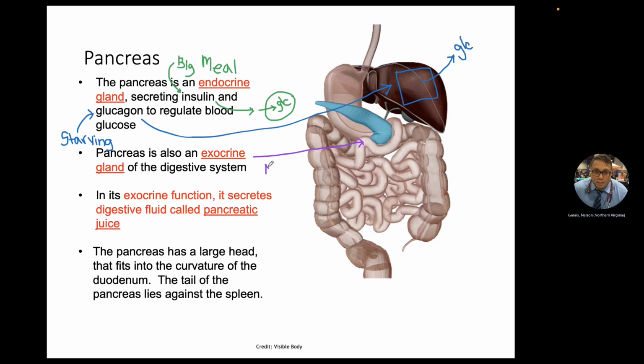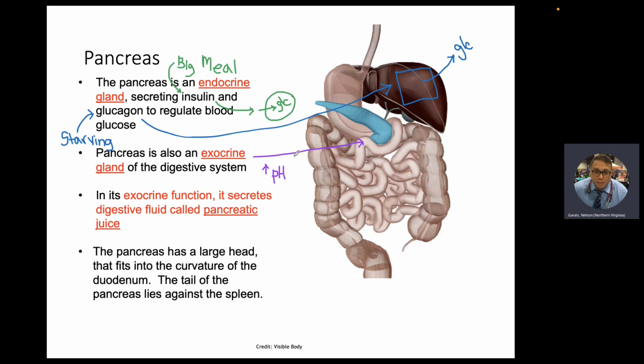That's one. So you have pancreatic juice that will increase the pH, because the pH is very low because the stomach is acid.